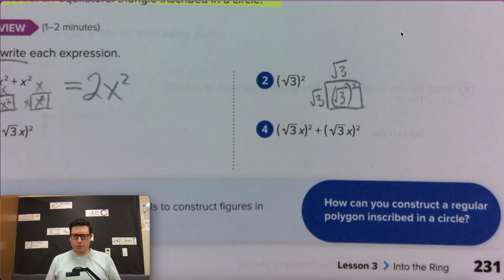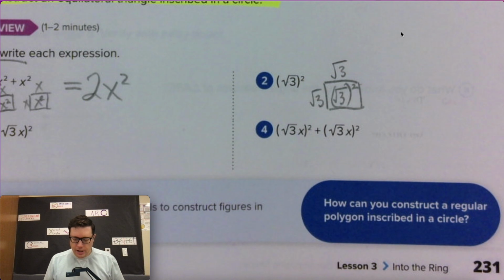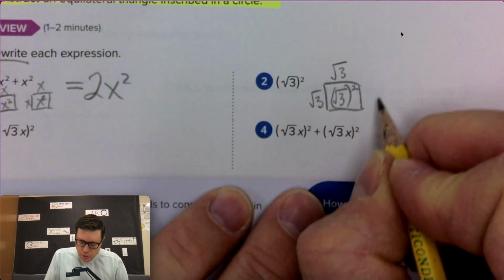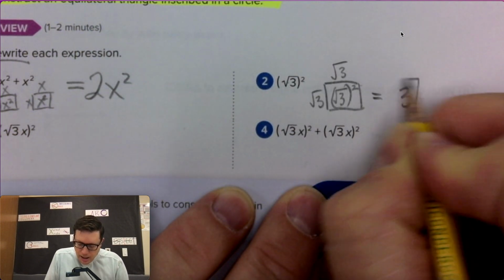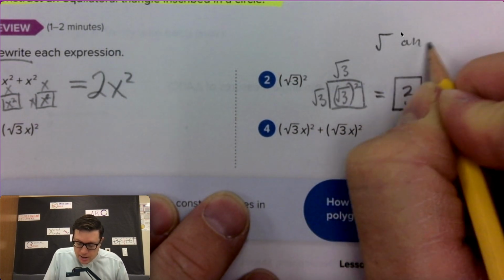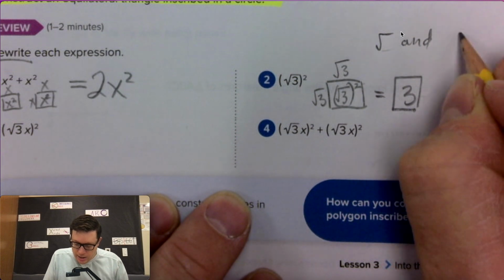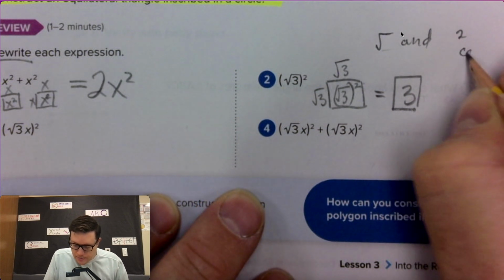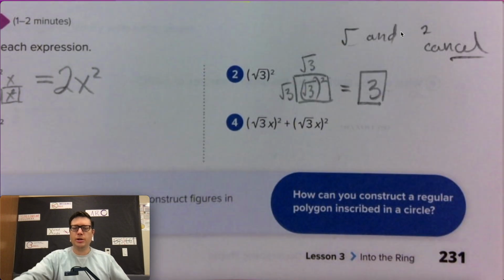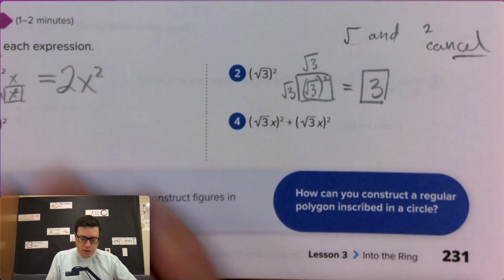If you multiply something by itself, you end up creating a square, and a square and a square root will actually cancel out. So this becomes just a box with 3 on the inside because square root and square cancel. Cancel is the word. It's on the screen for you. Let's go to number 3.